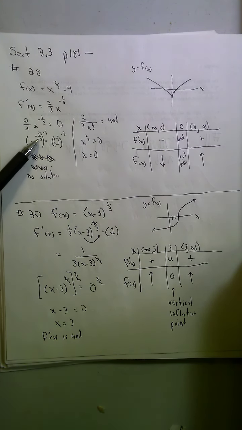If I raise this side to the negative 3, negative 1/3 raised to the 1/3, a power raised to a power, I multiply those together, and I get 1. So I get x equals. Now when you try 0 to the negative third, that's like 1 over 0 to the third, and there's no solution to that. So there is no place where this guy is equal to 0.